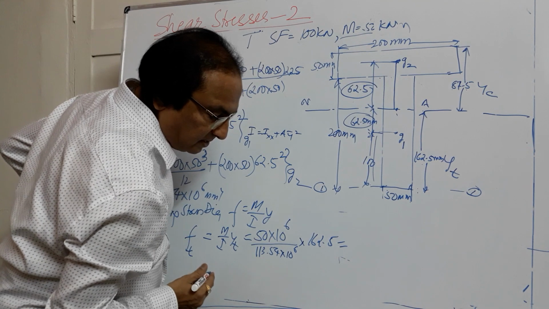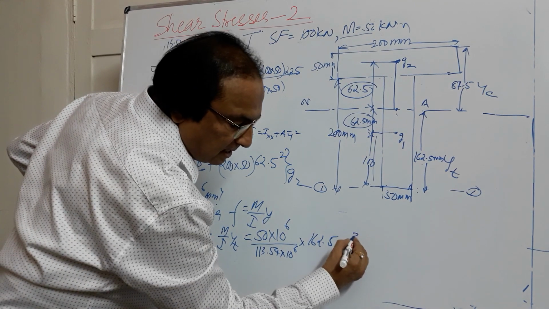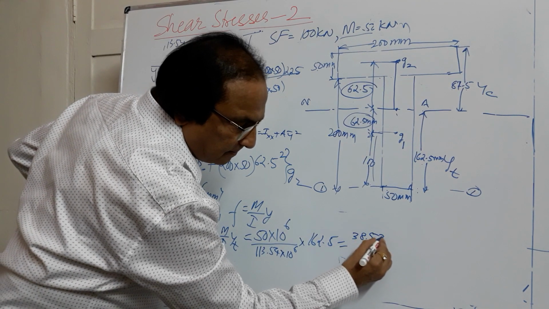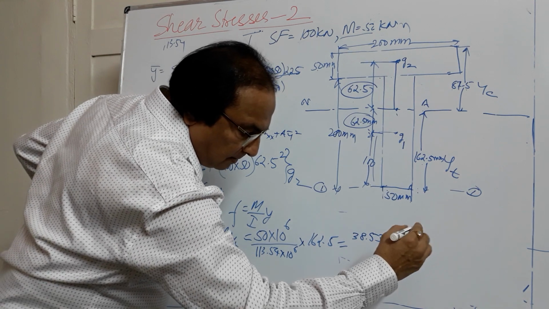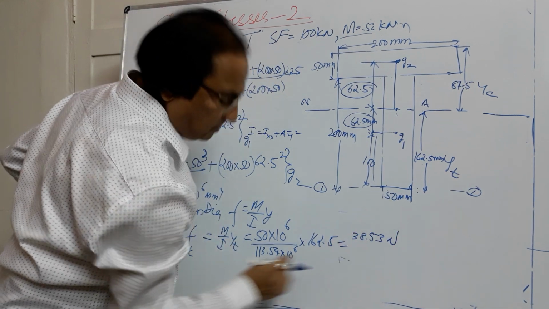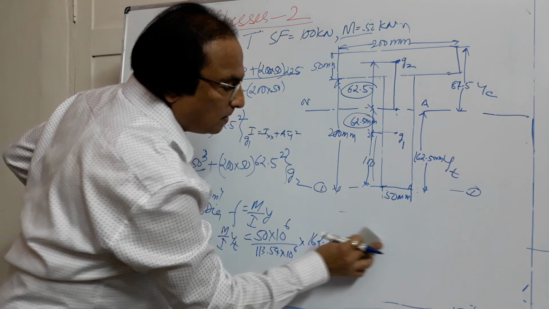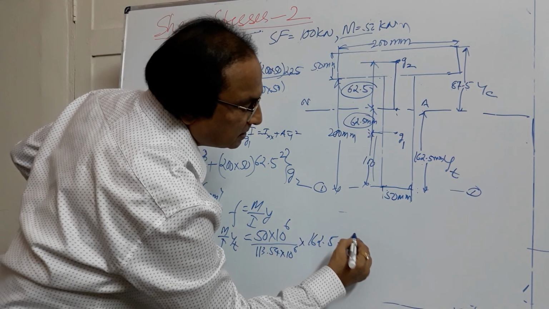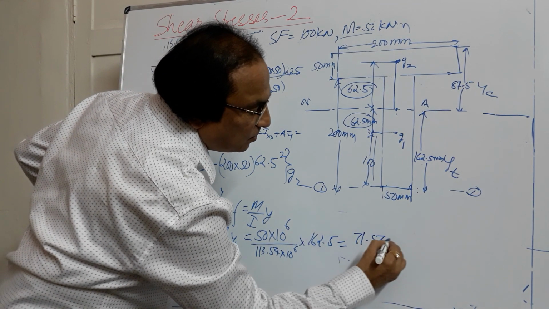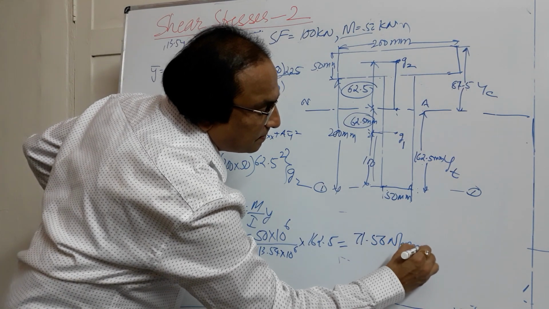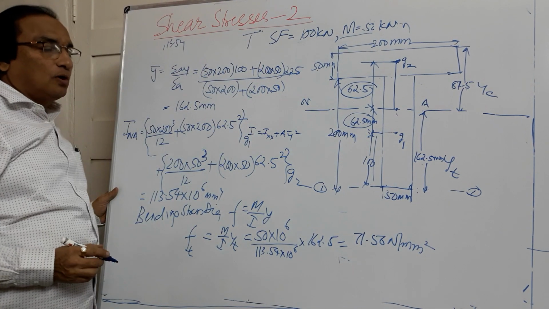If you simplify this, you get 71.56 Newton per mm square. This is the tension at the bottom.